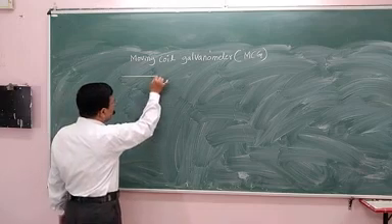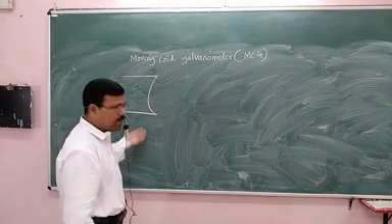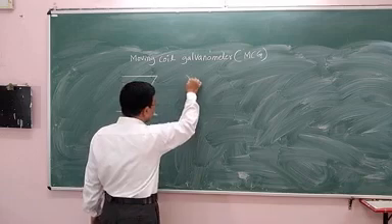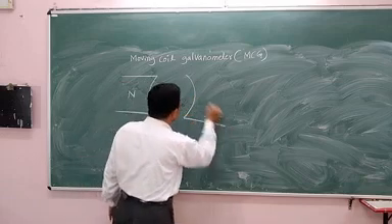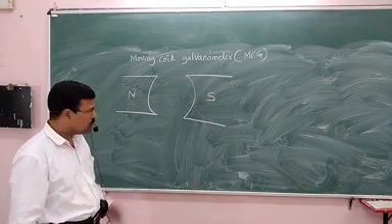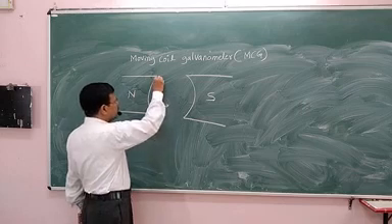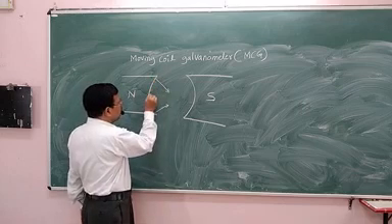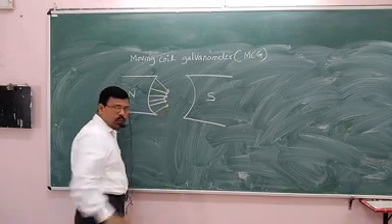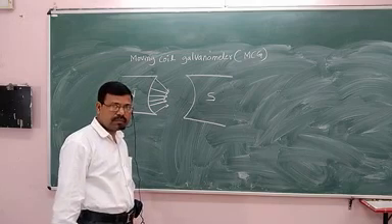We have two concave poles of a magnet. This is the north pole, and here is the south pole. Here a radial magnetic field is produced. This is a uniform radial magnetic field, which increases the sensitivity of the galvanometer.